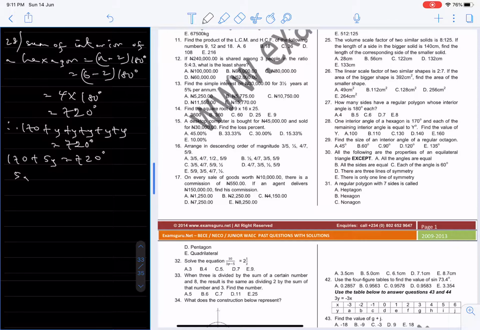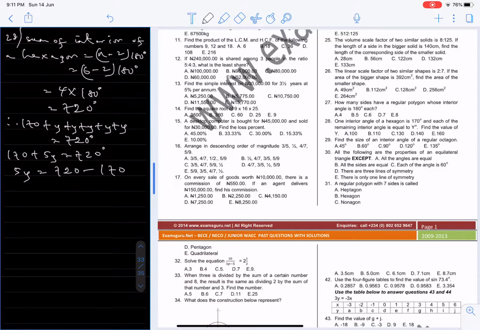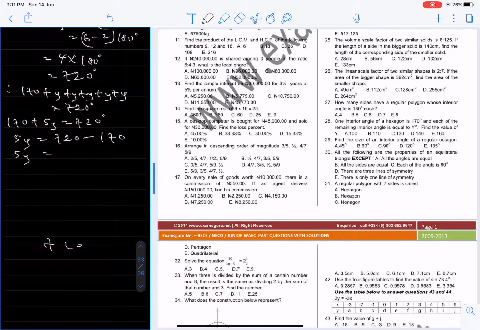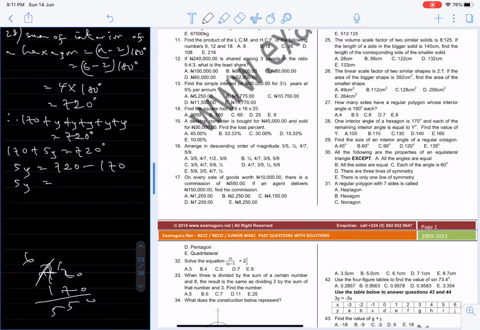means 5y equals 720 minus 170. That's 0. Borrow 1, 12 minus 7 is 5, and 6 minus 1 is 5.